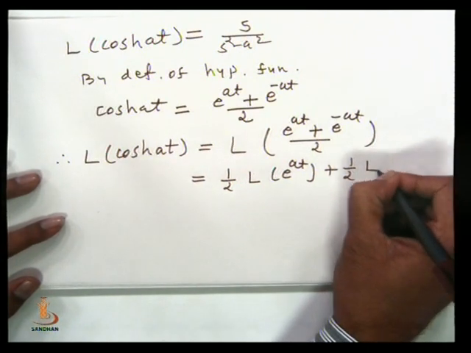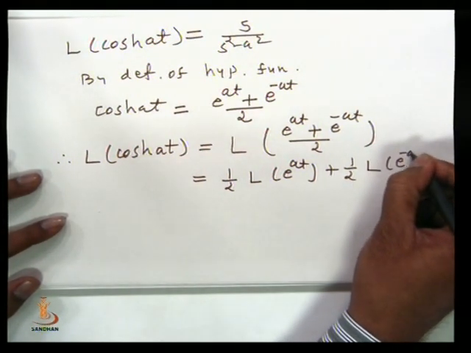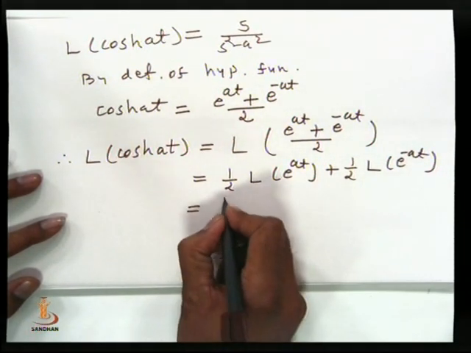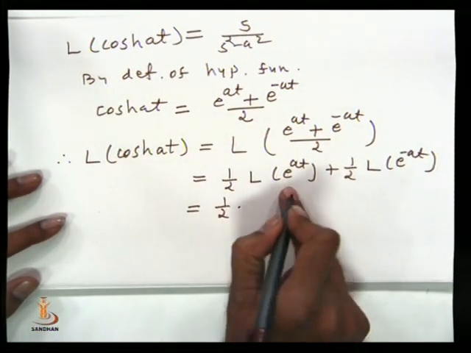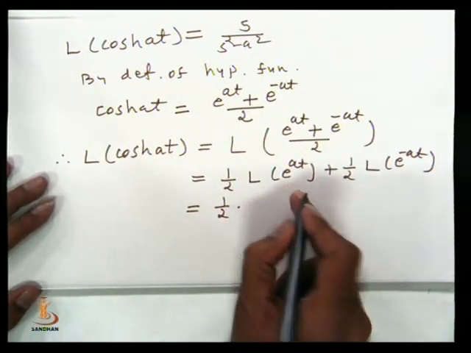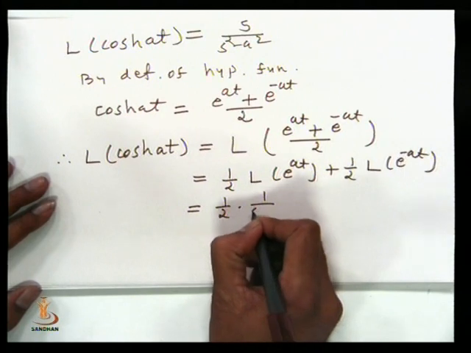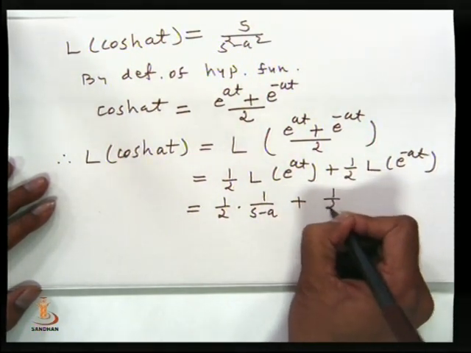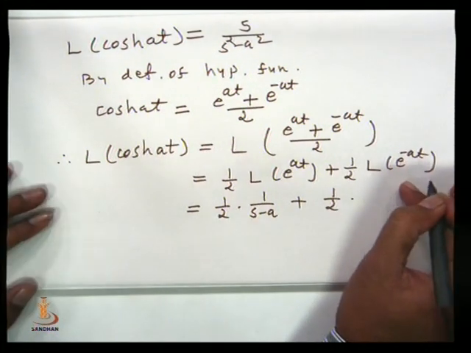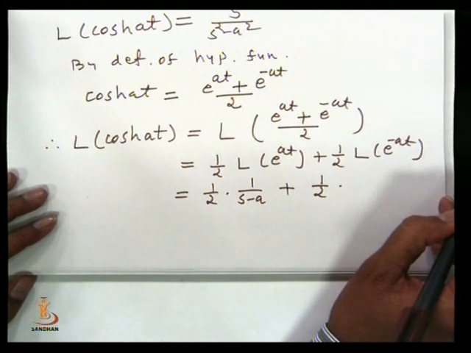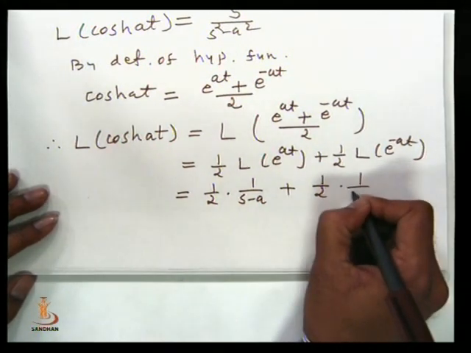2 Laplace of e raised to minus at equal to 1 upon 2. Again we use the formula for Laplace of e raised to at. It is 1 upon s minus a plus 1 upon 2, and here we use the formula Laplace of e raised to minus at is 1 upon s plus a.